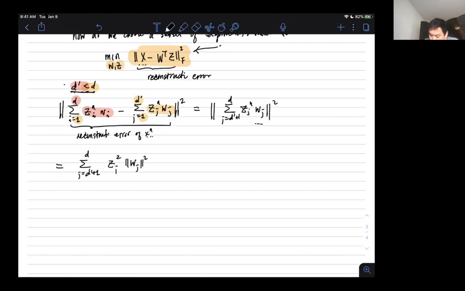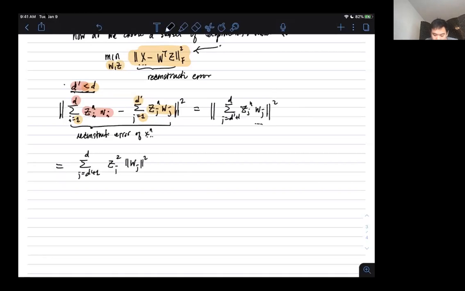Now what happens here? The reason why we can remove all these cross terms is that this is a square of many summations, so you get the square of each of the terms in this summation, but you also always end up with all those cross terms, the products of the different terms.